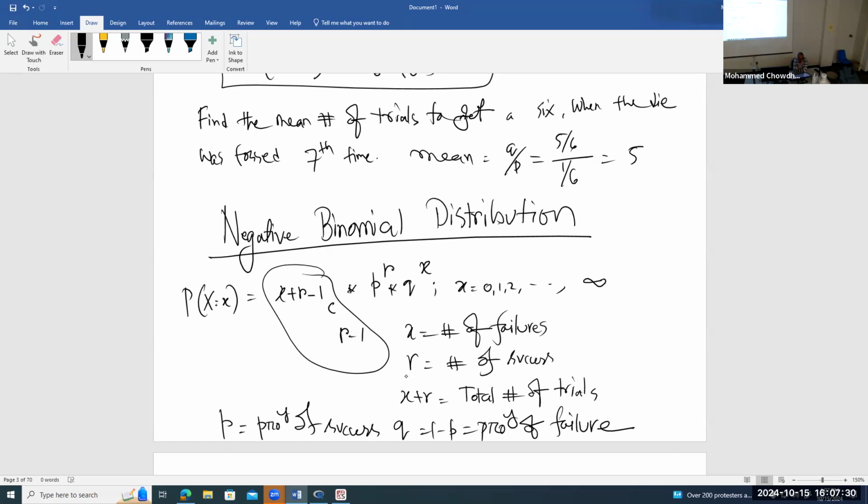Clear, right? So how would you read the formula? X plus R minus 1 combination R minus 1 times P to the power R times Q to the power X. These are all multiplication.